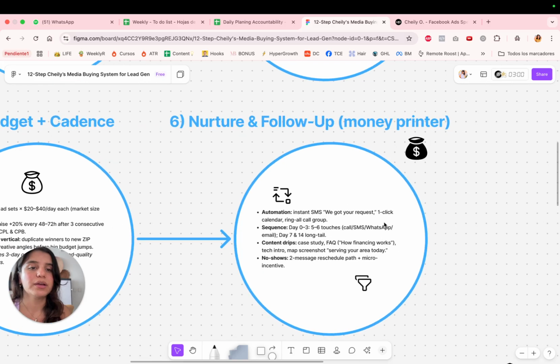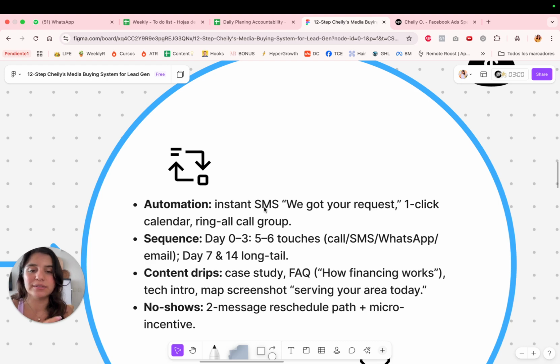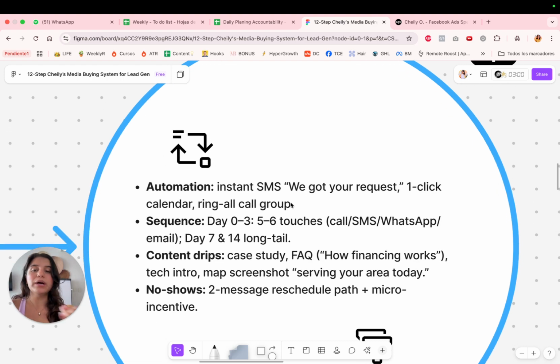The sixth part, and this is the money printer, this is what I like to do the most, is nurture and follow up. We like to do zip code blasts, SMS blasts, and we want to automate instant messages saying we got your request, with a one-click calendar, and ringing to call the people who sign up on the forms.